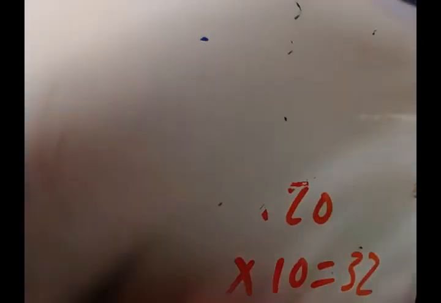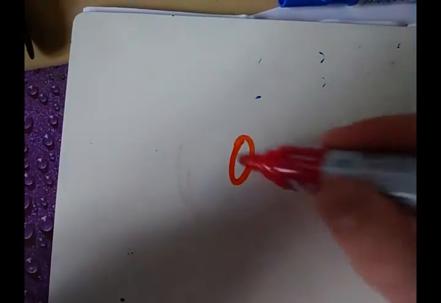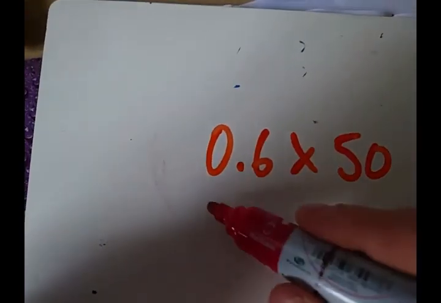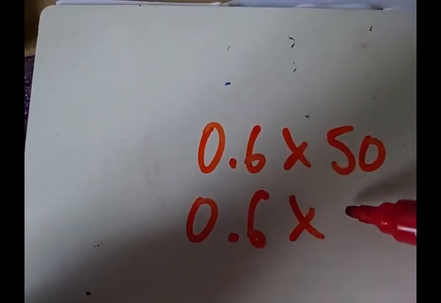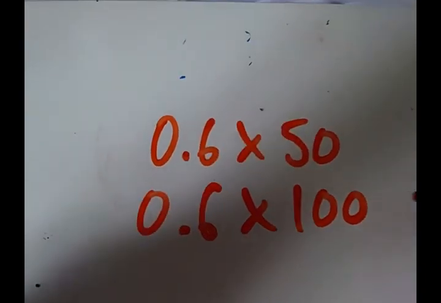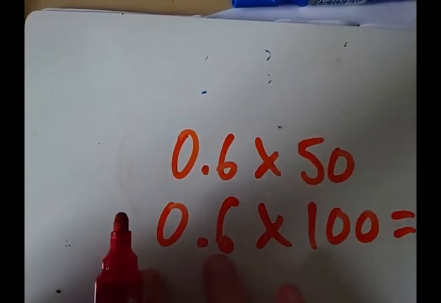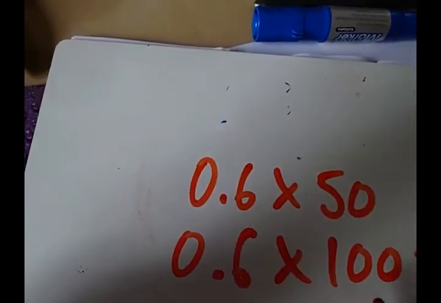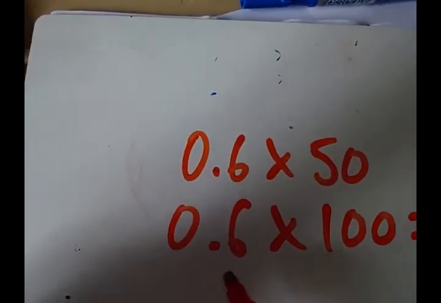The same works for 50 as well. So if I had, let's say, 0.6 times 50. Well, okay, well, what is it times 100? Let's try that first. 0.6 times 100, I need to move it to the left twice this time. So if I move it once, it's going to be 6.